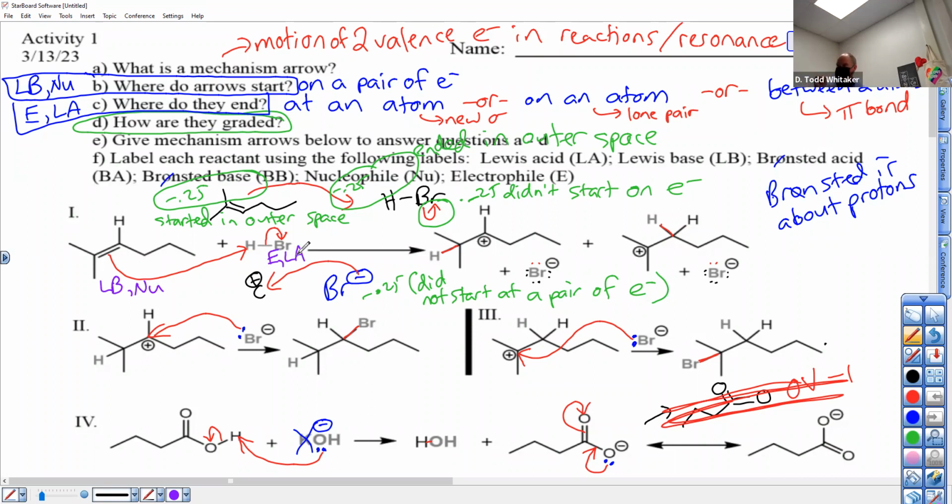Where you start is the donor, right? You're always a Lewis base if you're the beginning of the arrow. This molecule is at the beginning of this arrow. It's a Lewis base, and it's a nucleophile. Now the question is, is the arrow attacking a proton or not? Yes, so you better add Bronsted base as well. BB.